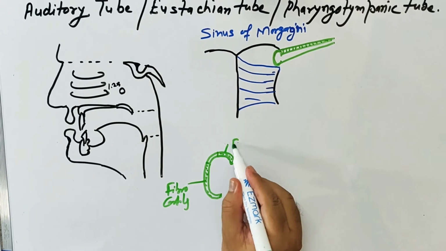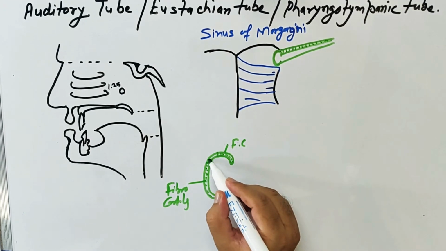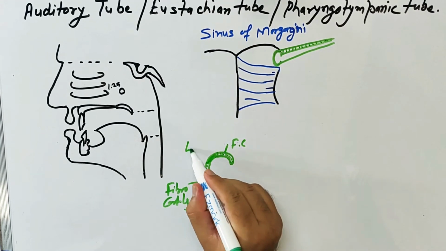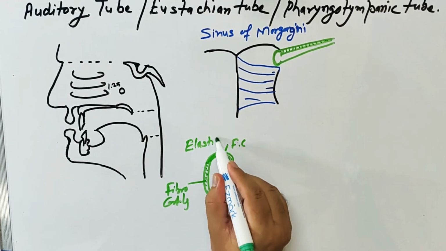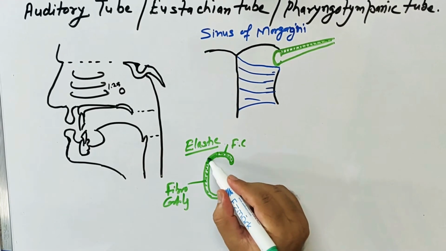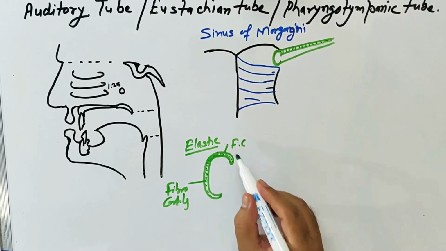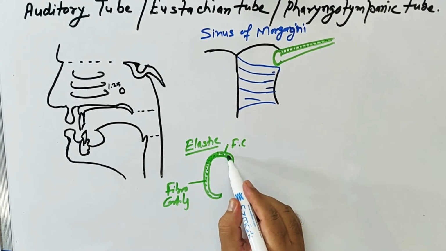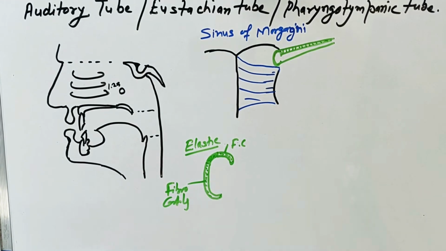And there is a hinge. This part is the hinge. This is the elastic part. It connects this fibrocartilage part and this fibrocartilage.